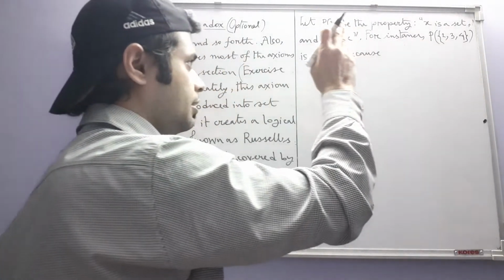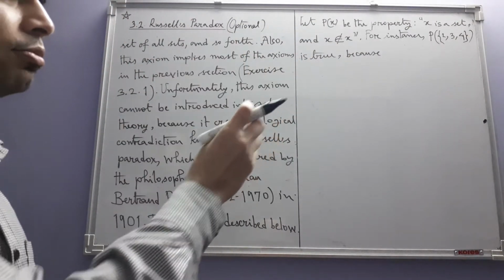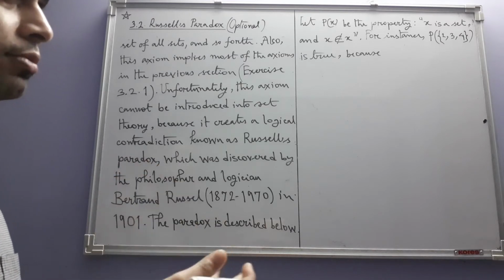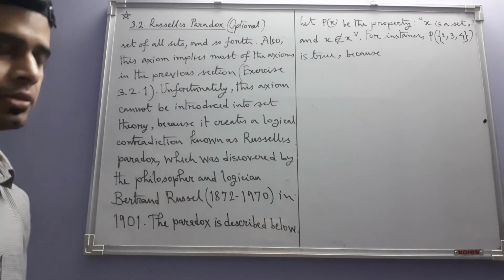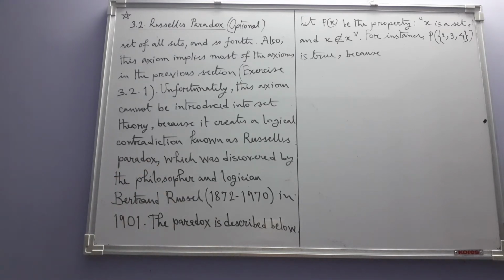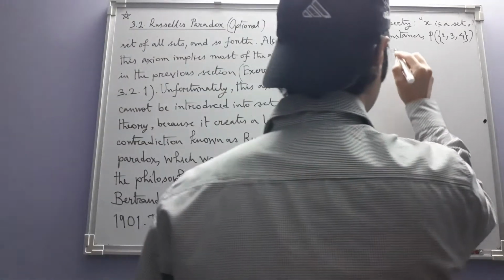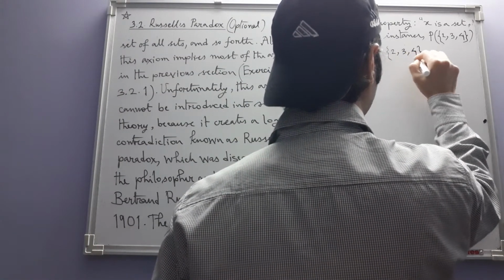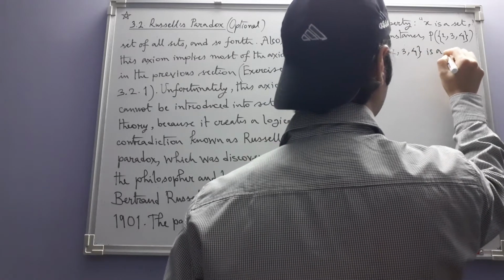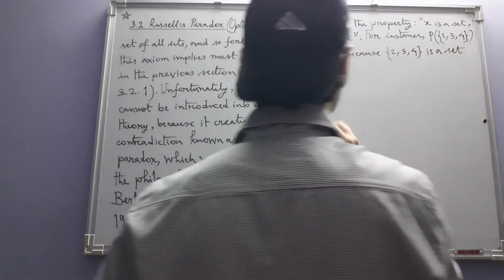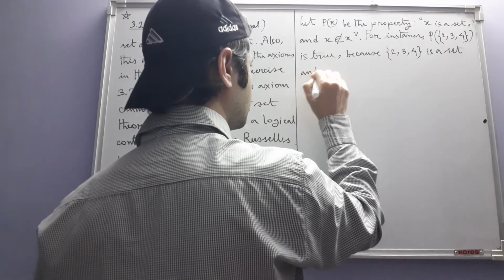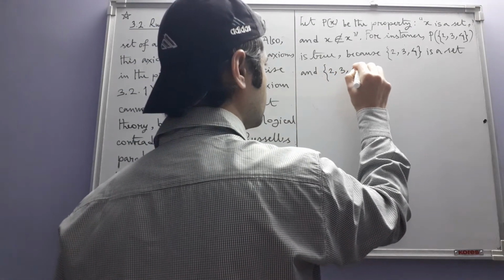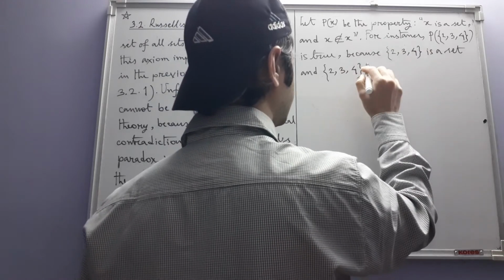However, if I have a set which contains itself, then also for that set, P of that set is false. Because {2, 3, 4} is a set and clearly {2, 3, 4} is not an element in this set.